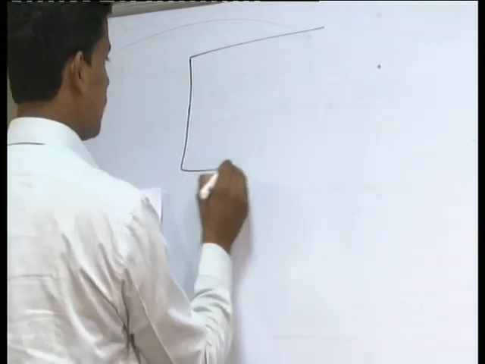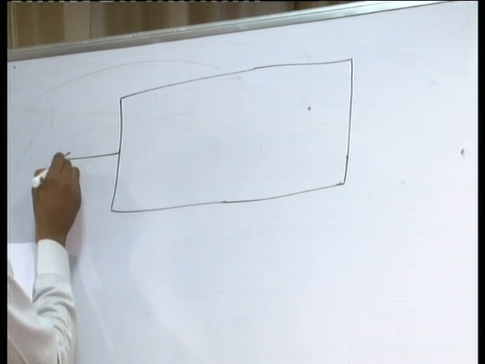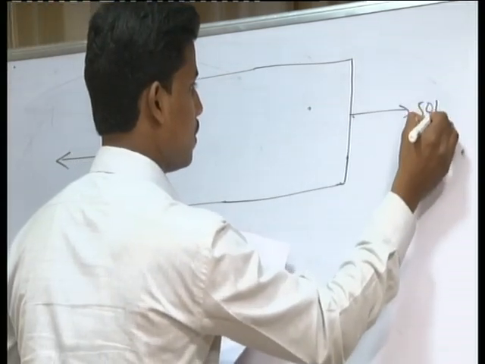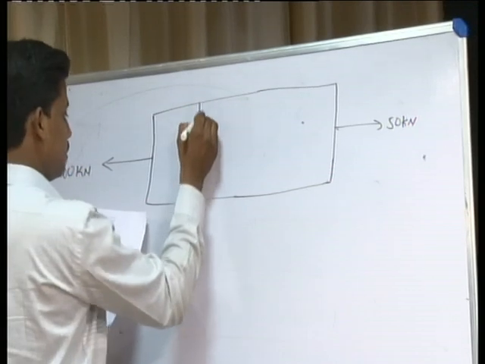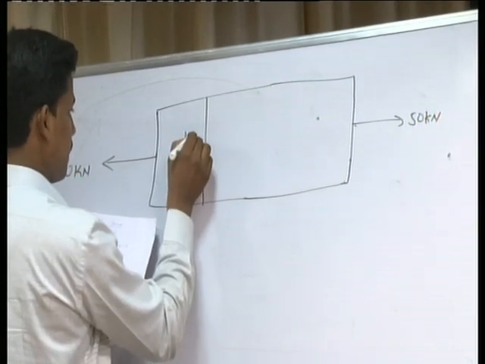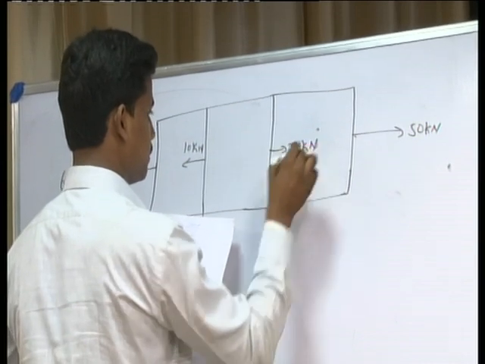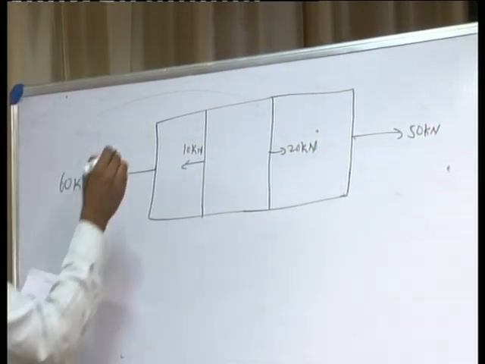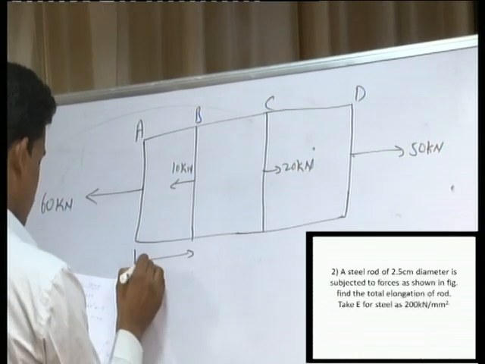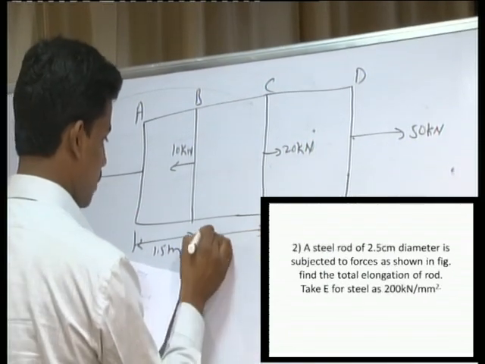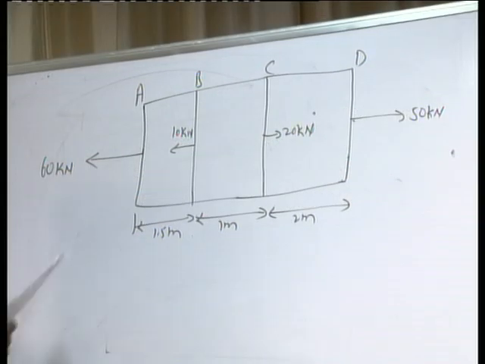The system of forces is shown: 50 kilonewton, 60 kilonewton, 10 kilonewton, and 20 kilonewton. We have to find the total elongation. The points are A, B, C, D, and the lengths are 1.5 meter, 1 meter, and 2 meters. The length of each block and the system of forces are given.